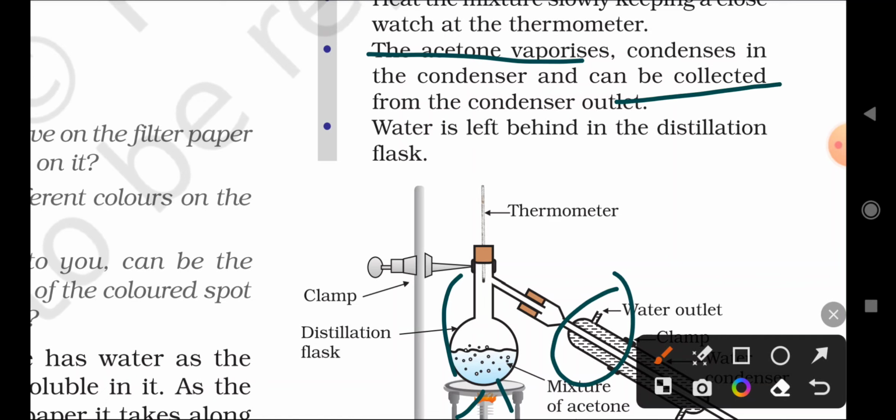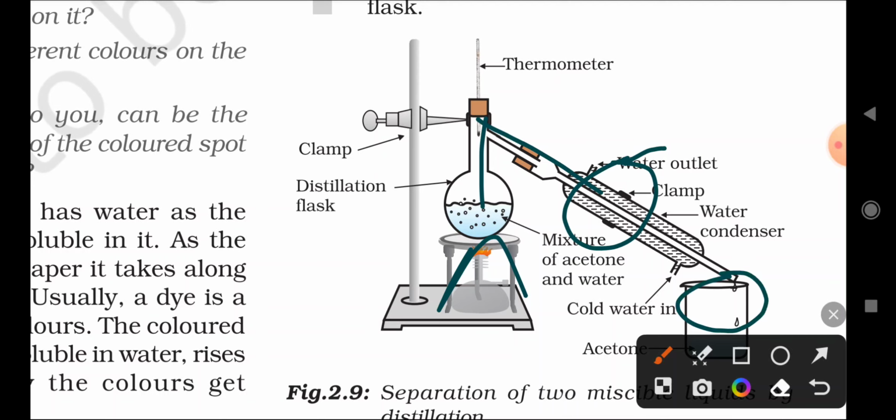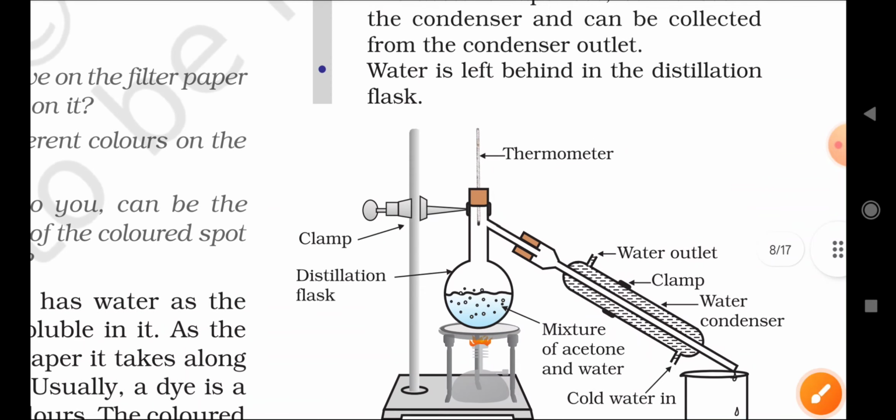So it can be collected from the condenser outlet. After heating, the acetone gets vaporized, passes through the water condenser, and is finally collected through the condenser outlet in a beaker.